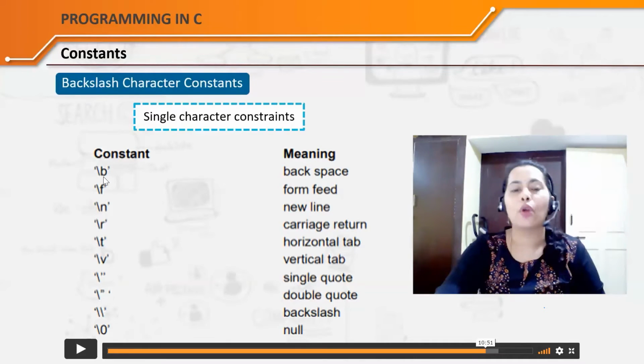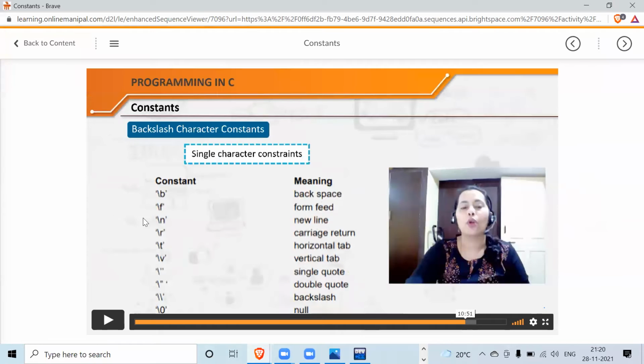But this will take it one step back. If you use it once, it will take the cursor one step back, and then the cursor will be on d, because d is the last character. Similarly slash n: anything that you write after it is going to be one line below. That's what slash n does.